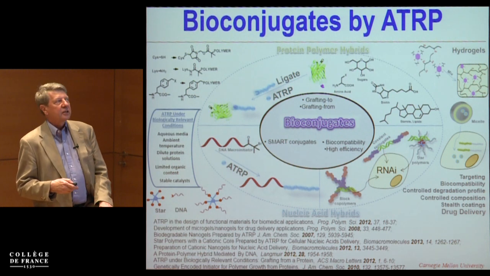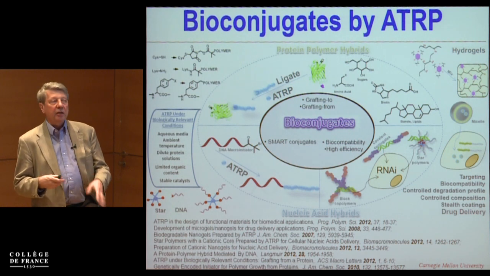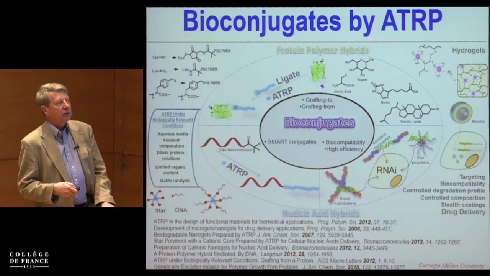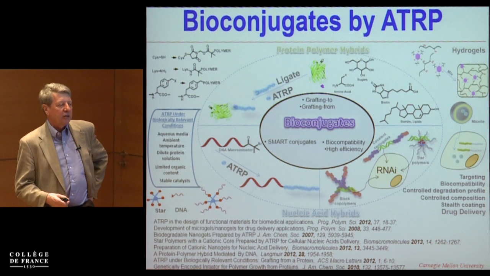I will show you some examples of that, but also some example of using nucleic acids by using phosphoramidate chemistry, and this would be essentially two. I showed you in the first lecture an example of making polyplexes and delivering siRNA under these conditions.